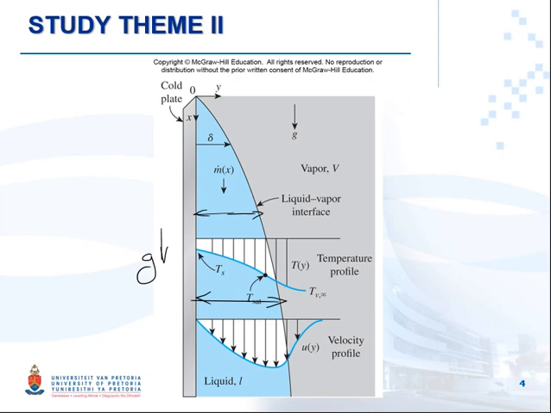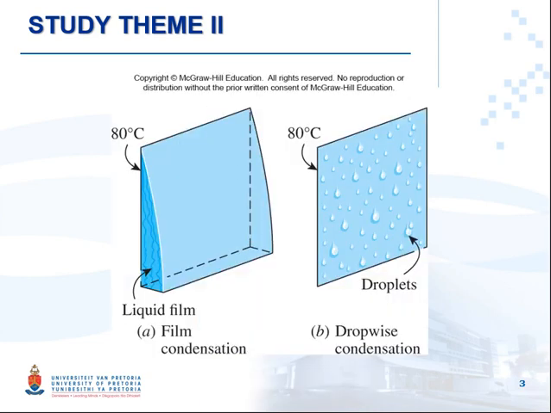But in dropwise condensation, the condensed vapor forms droplets, and the surface, instead of a continuous film, will be covered by many droplets of different diameters. So you can see different diameters.